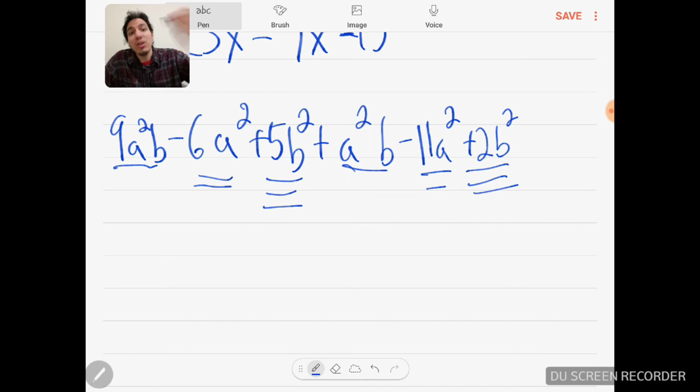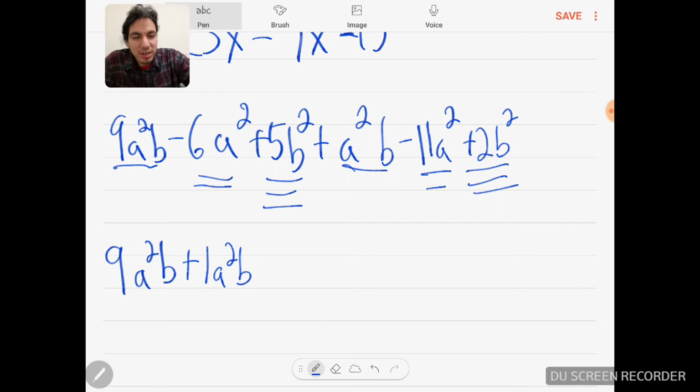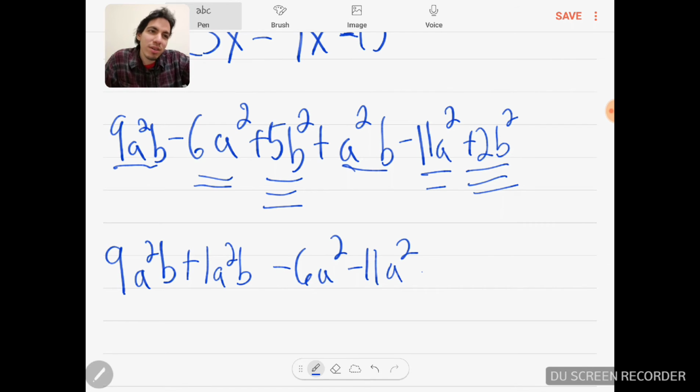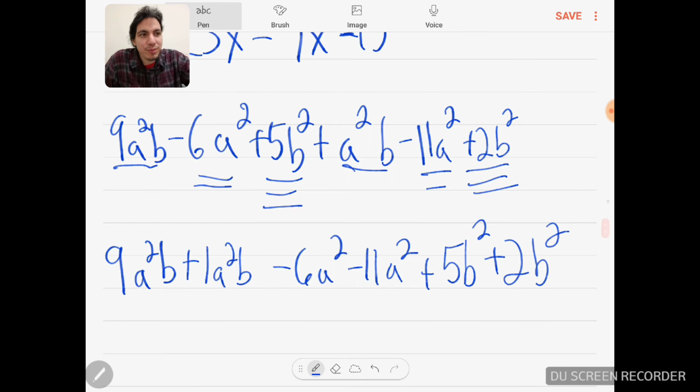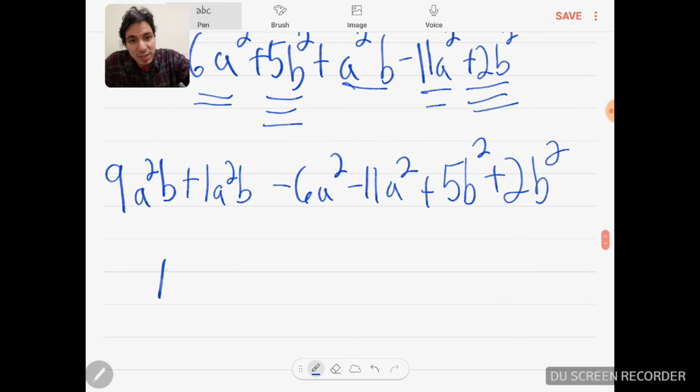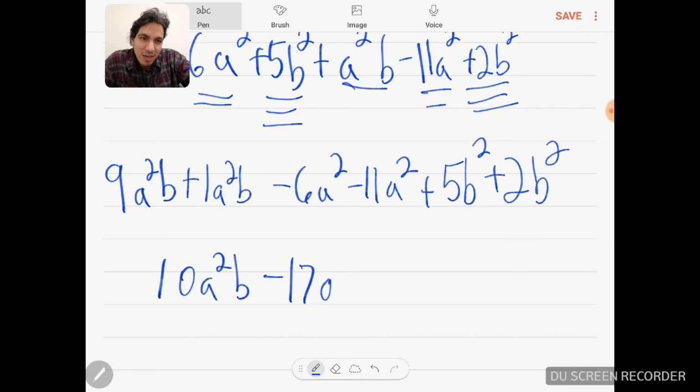Reorder it so that now everything is aligned to each respective variable. So 9a squared b plus, we could put a little 1 in front of it, 1a squared b, minus 6a squared minus 11a squared plus 5b squared plus 2b squared. Now we just combine like terms to get 10a squared b minus 17a squared plus 7b squared.